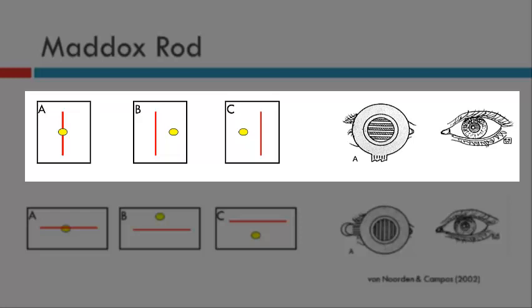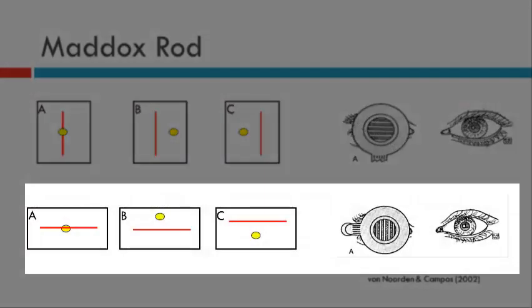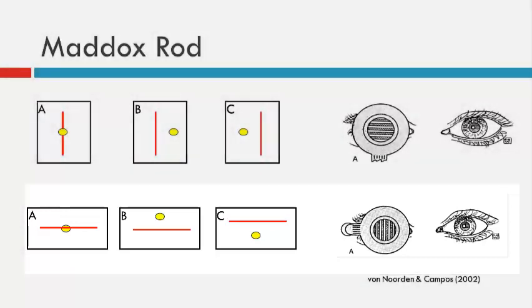B and C reflect uncrossed and crossed diplopia, or crossed images, dependent on which eye the rod is in front of. In the second row, we have the vertical deviation being measured. A again is no deviation or neutralisation of deviation. B indicates we have a hyper deviation because the line is down, and C indicates we have a hypo deviation because the line is up.